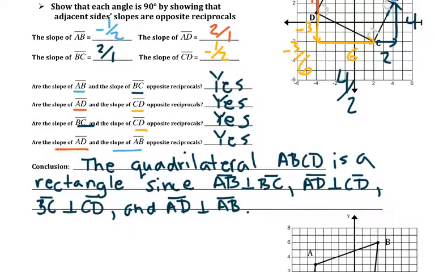So this is our proof that the quadrilateral ABCD is a rectangle.